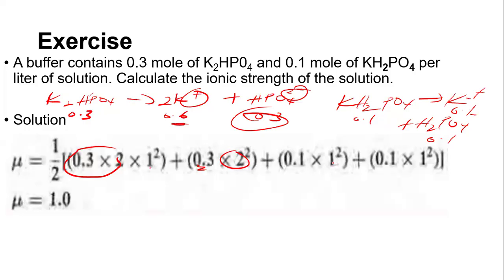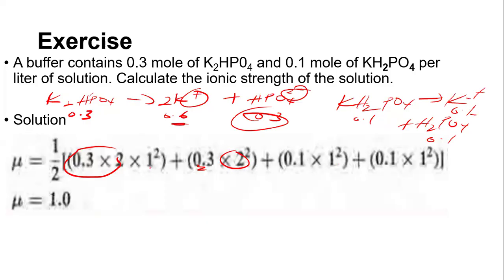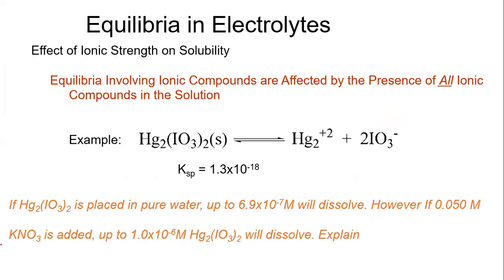So we have 0.1 times 1 raised to the power 2, 0.1 coming from here, 0.1 coming from here, and then 1 coming from here. The next one is still 0.1, and then the charge is -1 coming from here. Now, if you punch all of this in your calculator, you will get 1.0 mole per dm³ as your ionic strength. So that is that about ionic strength.